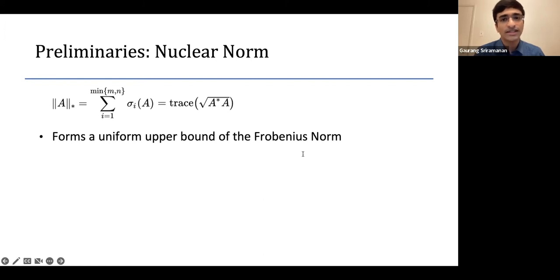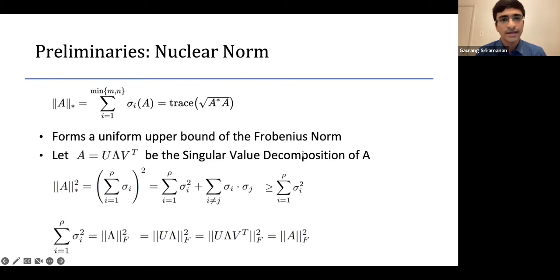Crucially, an important property is that the nuclear norm forms an upper bound of the Frobenius norm for any matrix, as we show here. Let A be equal to U lambda V transpose, and we consider this as the singular value decomposition for the matrix A. Crucially, this always exists, unlike, say, the spectral decomposition, which depends on A being a square matrix.